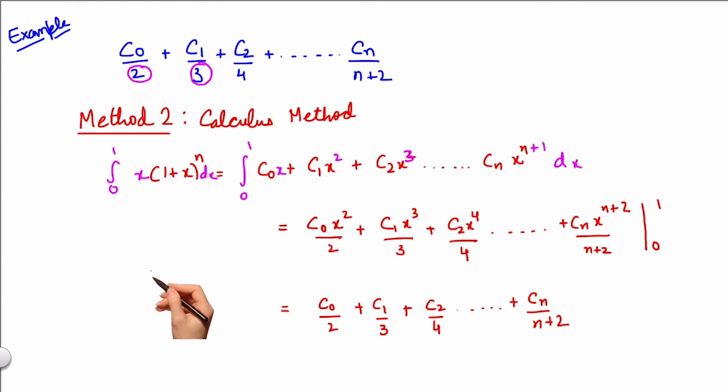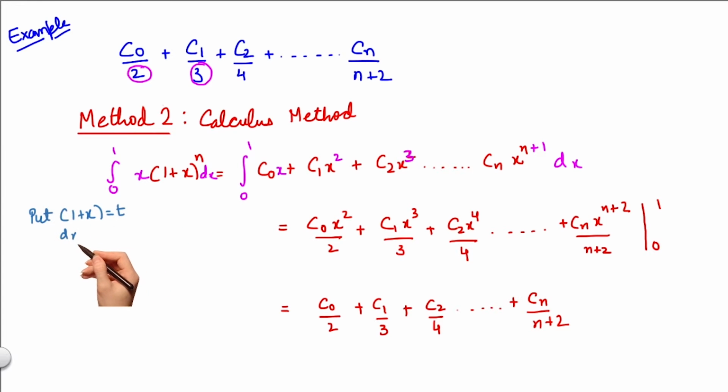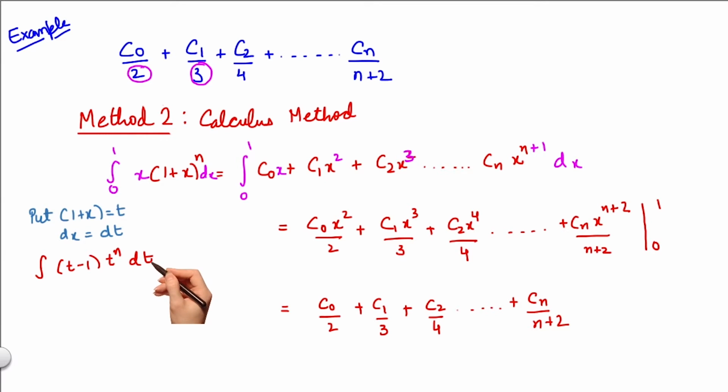Now solving the left hand side is a bit more involved. To solve this, we can first put 1 plus x equals to t, hence dx becomes equal to dt. Replacing this expression, I get integral of x becomes t minus 1 and 1 plus x becomes t to the power n dt.